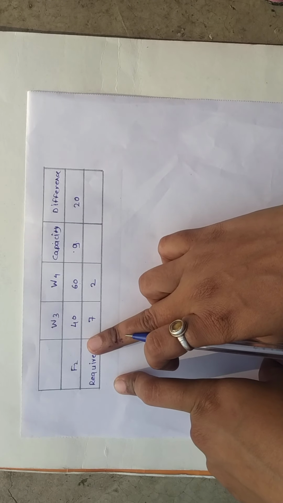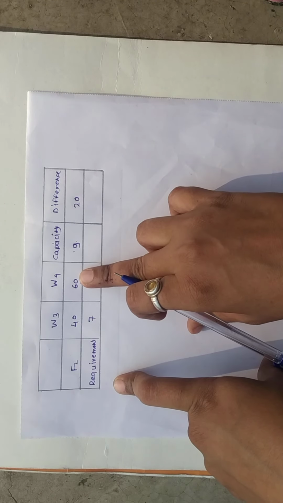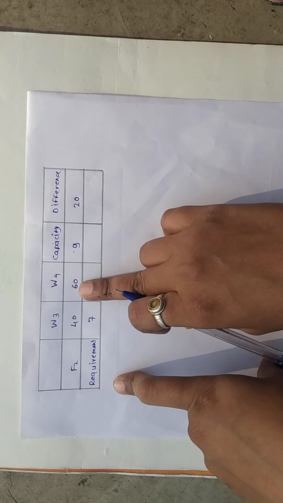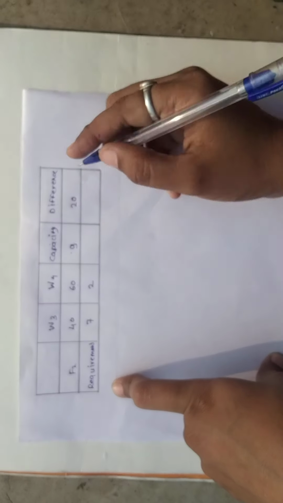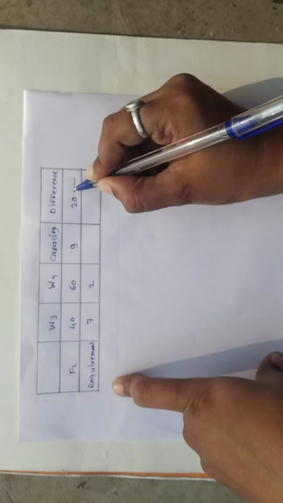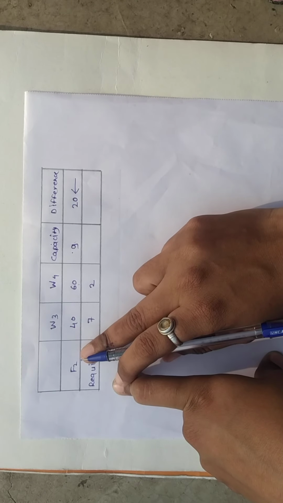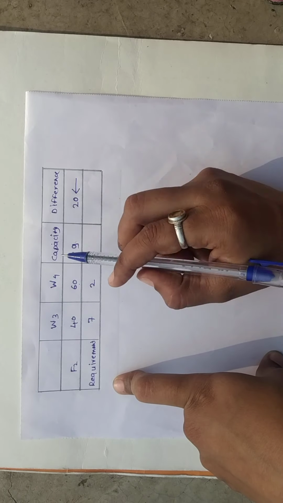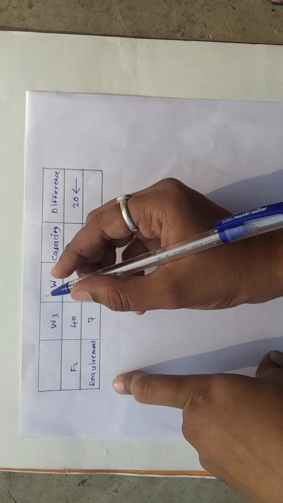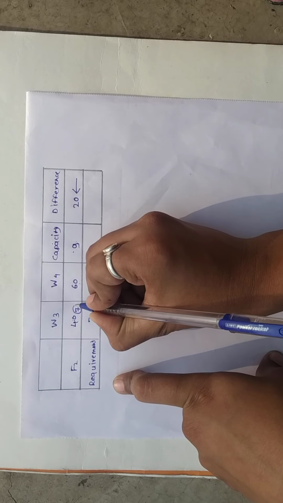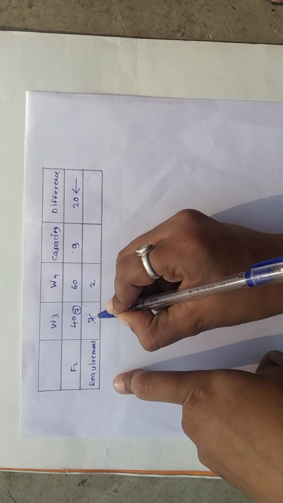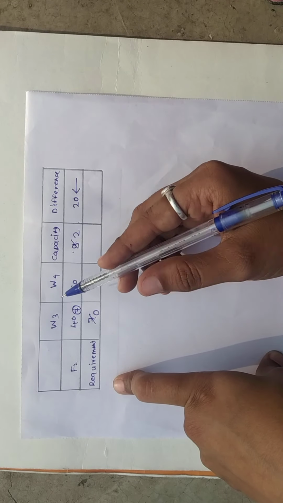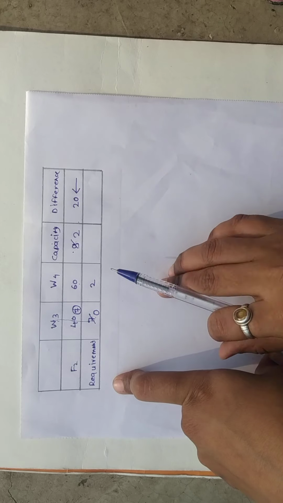Here we cannot find the column difference, so the maximum difference is 20, which lies in the row F2 with minimum cost 40. For 40, capacity is 9 and requirement is 7, so the smallest is 7, so we allocate 7 here. 7 minus 7 is 0, 9 minus 7 is 2, so we cross out this column.